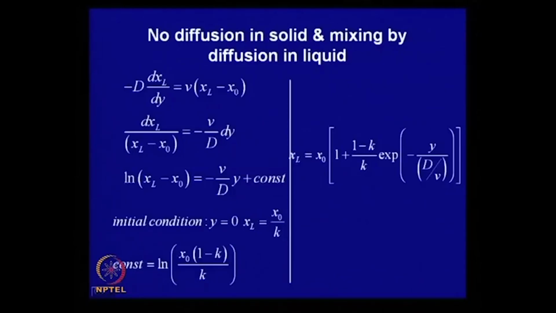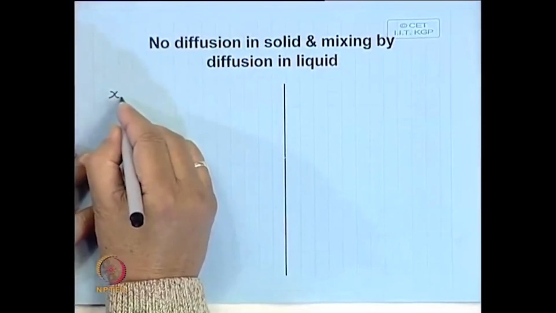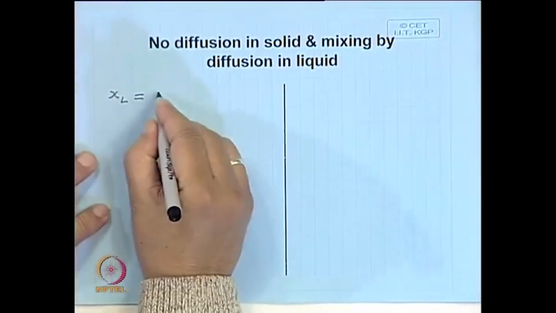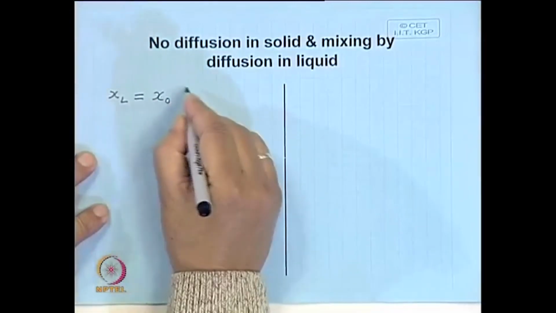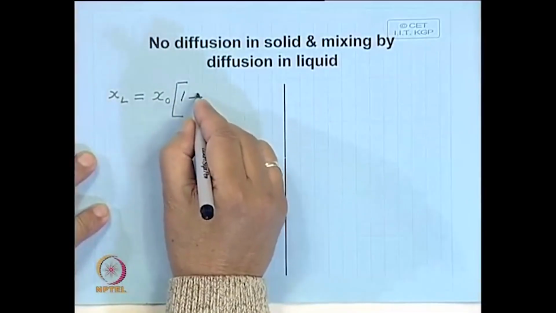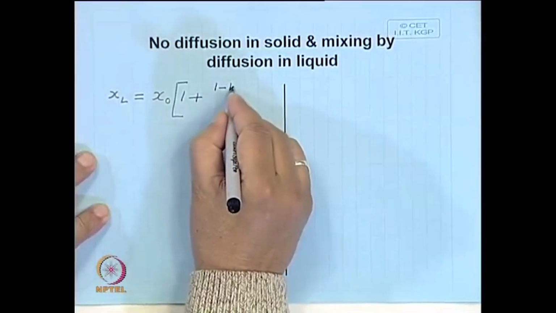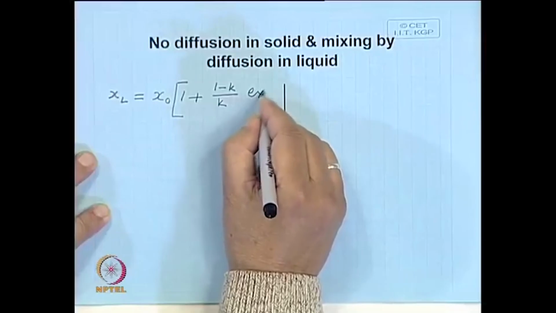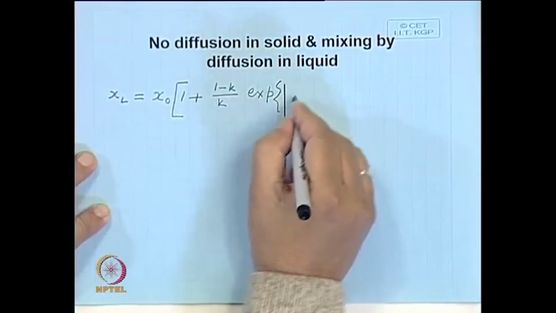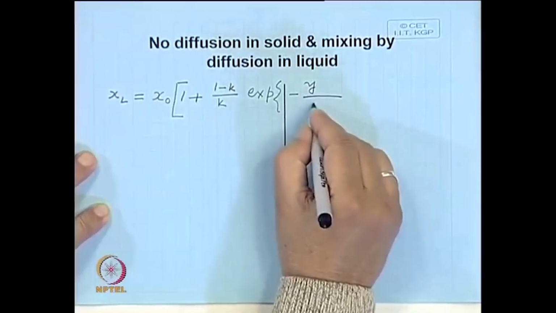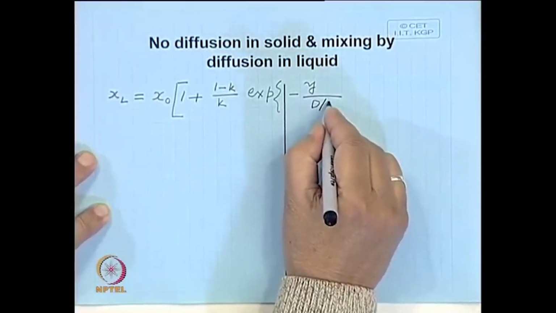So, if you try and plot, the concentration in the liquid will be equal to x_0 times (one minus an exponential term, minus y over d by v).